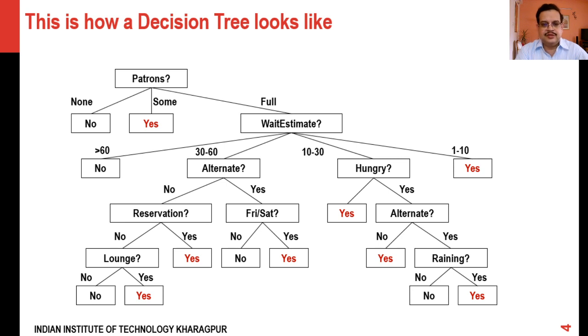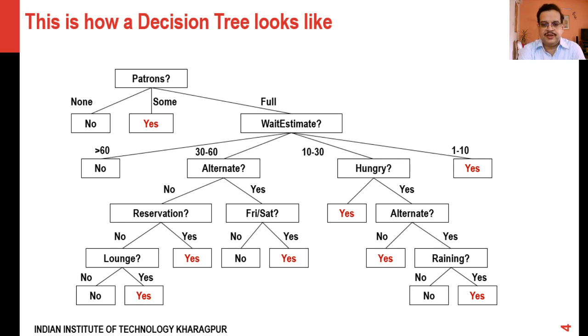So to read the decision tree, you start from the variable at the root and examine each of the variables in the scenario for which you seek the decision, and based on the evaluation, whether you reach a yes node or no node determines whether you are going to wait at that restaurant or not. Now decision tree learning is about learning how we can construct this decision tree from the data.